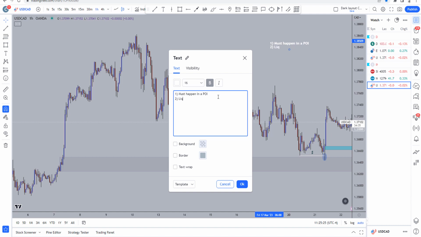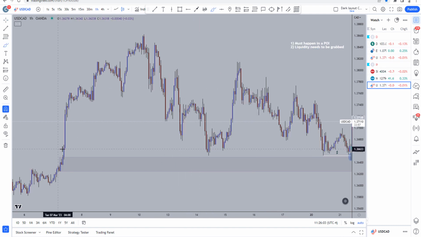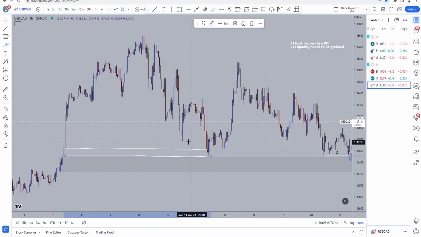Now, let's move on to number 2. Liquidity needs to be grabbed. As in this example that you see right here, we reacted from this fair value gap of the 1 hour time frame, and liquidity was run below these areas right here.